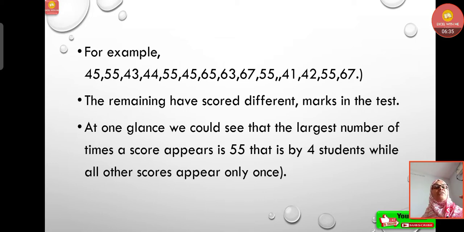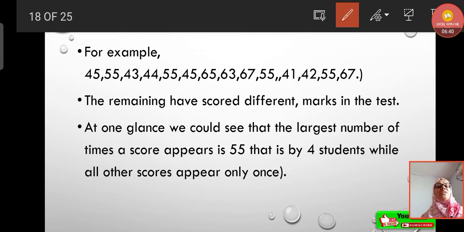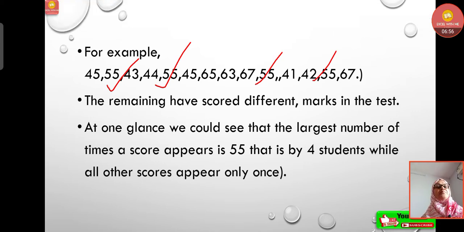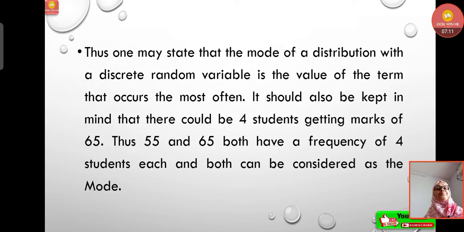At one glance, we could see that the score that appears the largest number of times is 55. Here you can see, here and here. That is by 4 students, while all other scores appear only once. Thus the mode here is 55, which has appeared the largest number of times, or we can say 55 has the largest frequency, 4 students getting that mark in English.